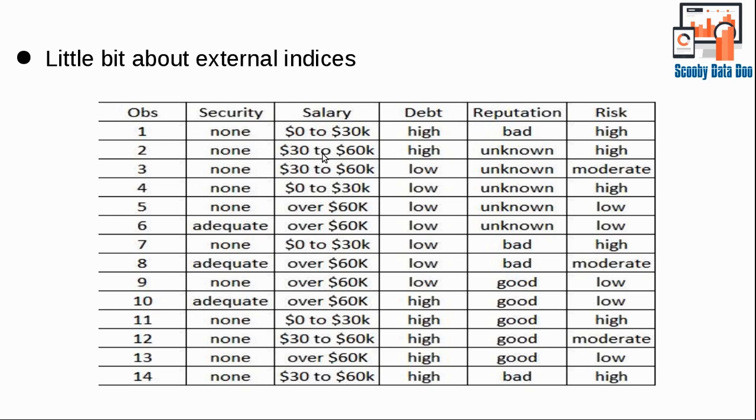Now the next job would be to apply some clustering algorithm over this dataset. Now a question may arise in your mind: how do you apply a clustering algorithm over this categorical data? A categorical value is something which is not numerical. Yeah, but the solution here is we have to find a good numerical representation of these categorical values.